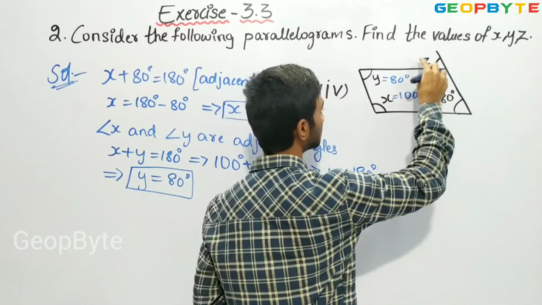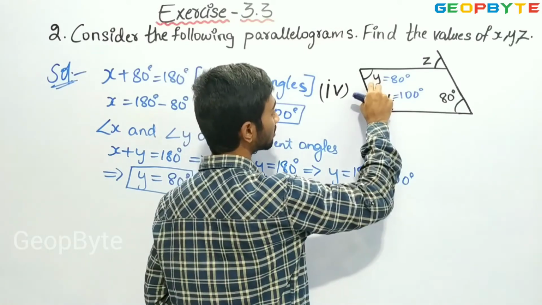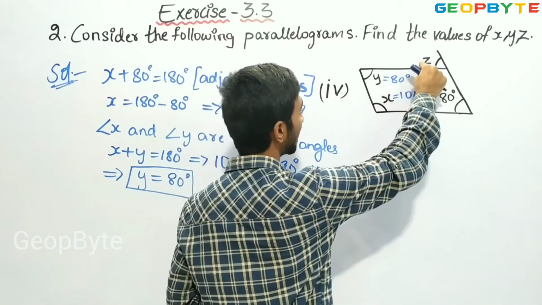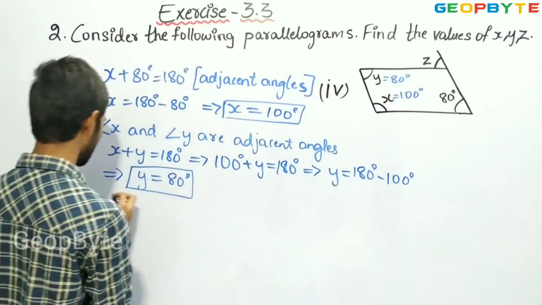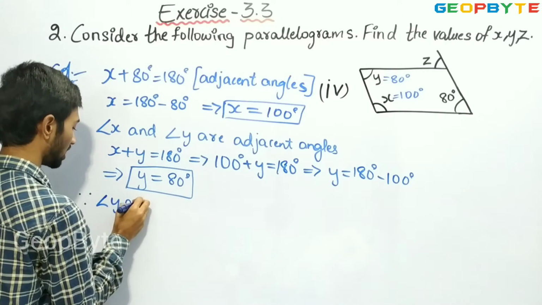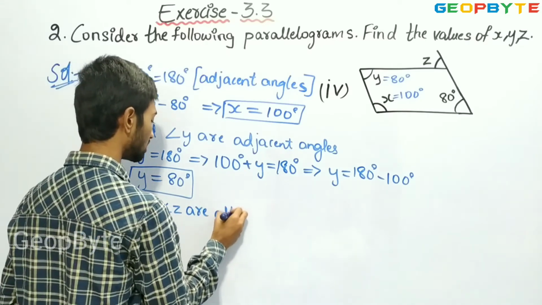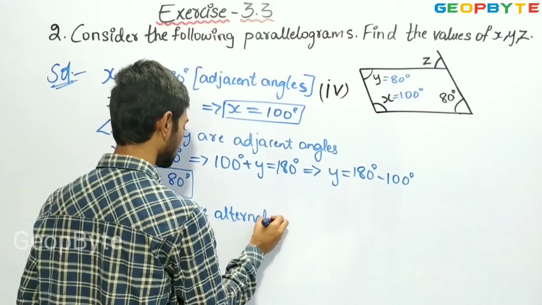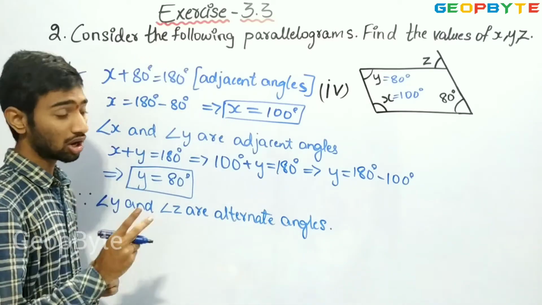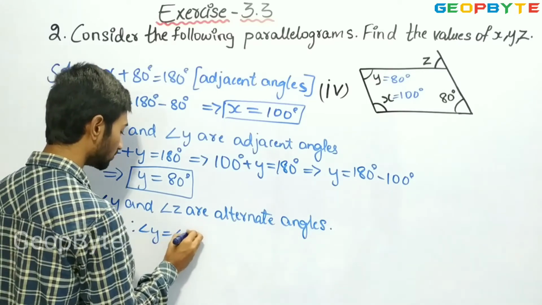And now we will find the value of z. Here, if you observe carefully, this angle and this angle are alternate angles, that is angle y and angle z are alternate angles. And we know that alternate angles are equal, therefore angle y is equal to angle z.